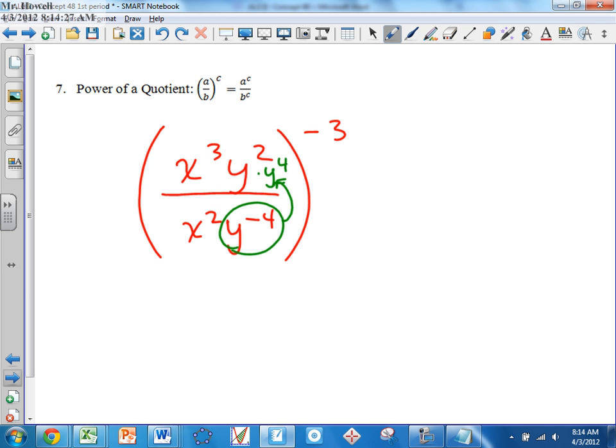So y to the 6th. Again, when you take a negative exponent, you move its spot and make it positive. So y to the 2nd times y to the 4th, you add the exponents. 2 and 4 gives me that 6.